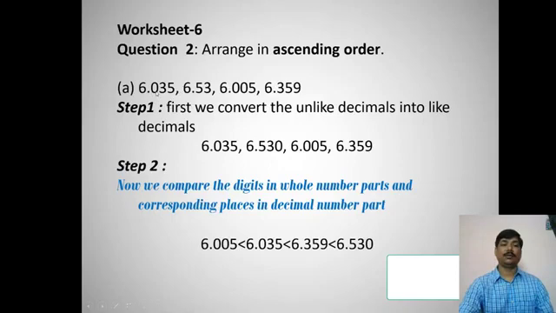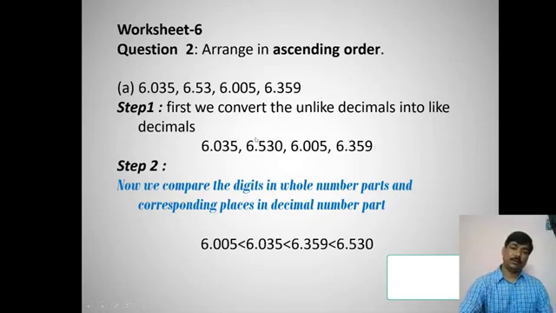The maximum number of digits in the decimal part is 3. So we make the number of digits in the decimal part 3, like 6.035. This number will be 6.530, and this number is already written with 3 digits in the decimal part.